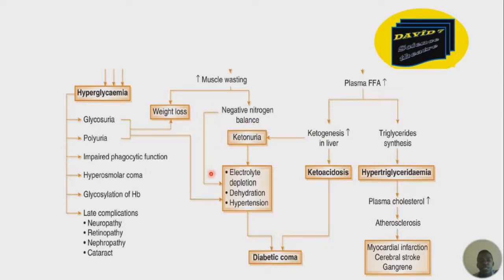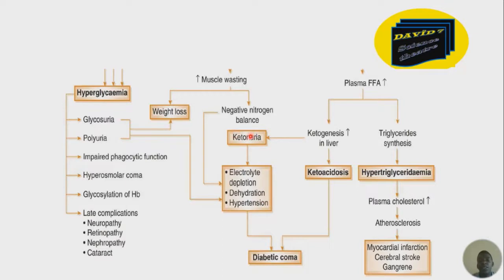Another point to note is that due to polyuria and glucosuria, we shall have electrolyte depletion. We are losing electrolytes due to the osmotic effect of the glucose, which attracts water towards the lumen of the nephrons, and so electrolytes also come along. Then we have dehydration, loss of water from the body.